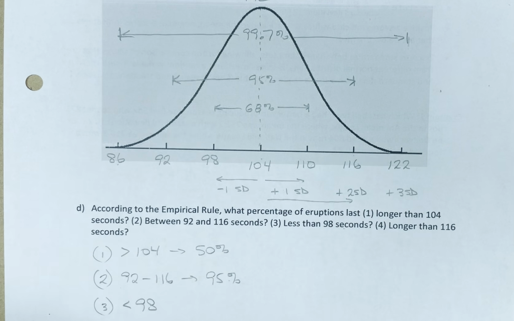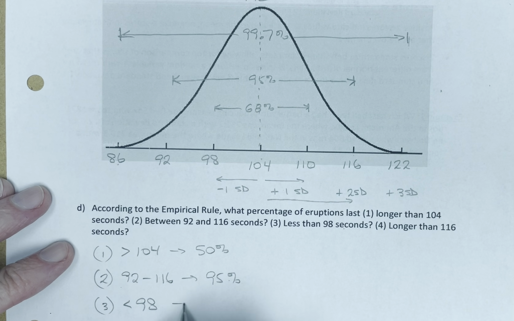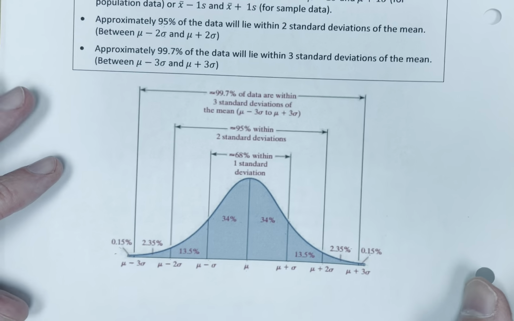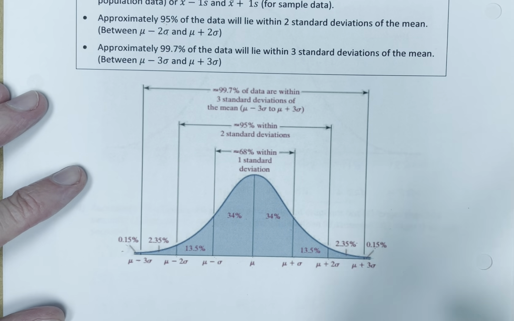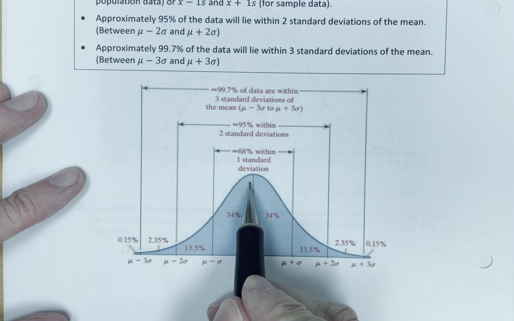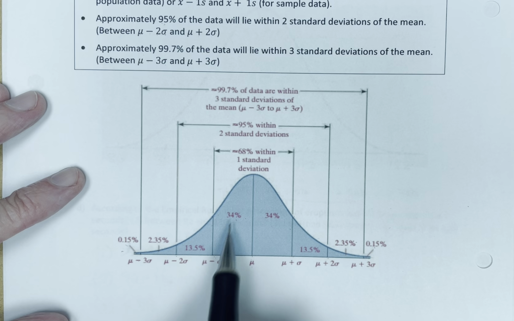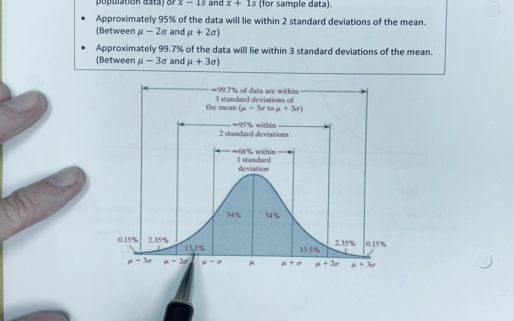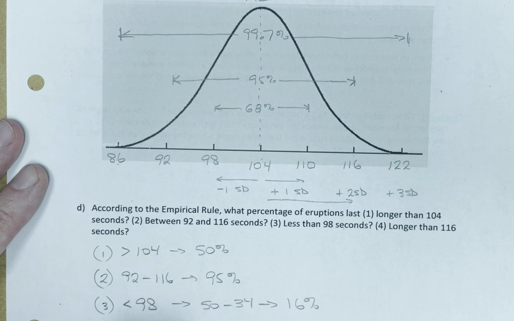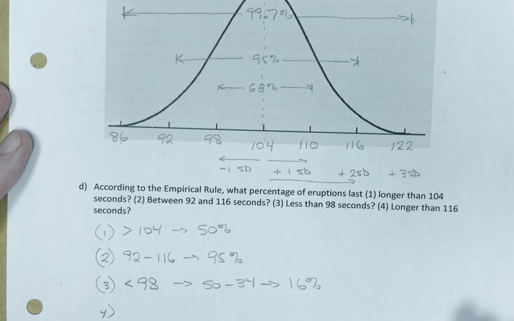So we could say 50 minus 34, and we would come up with 16%, which is the answer. We can also look at this table, which would give it to us. Here's the 34. So I took this half, 50%, and took this 34 out to get this. We could also add up this plus this plus this, and we would get 16.